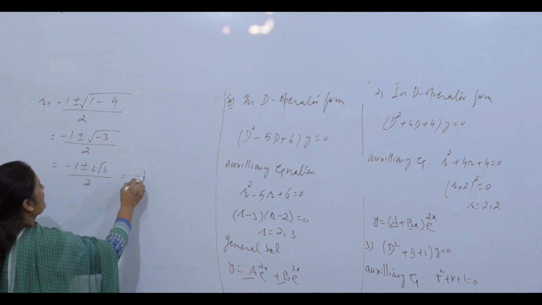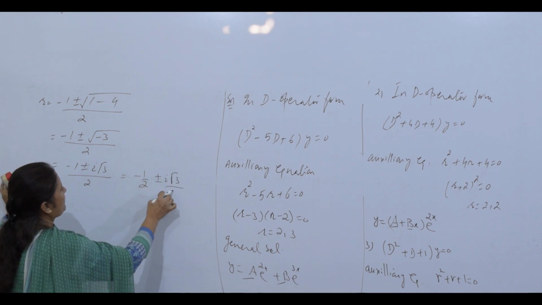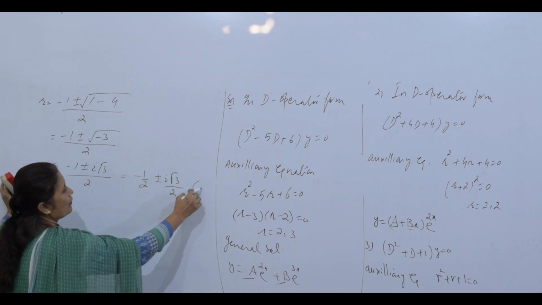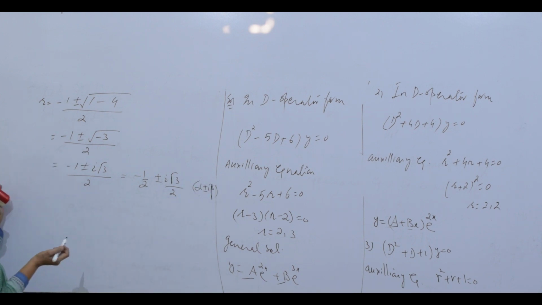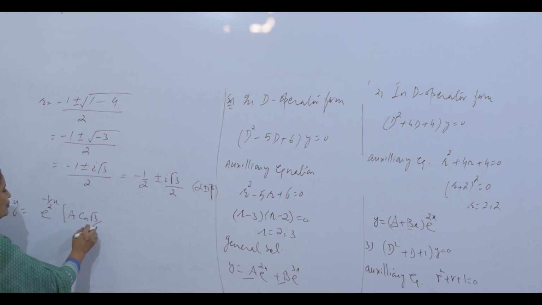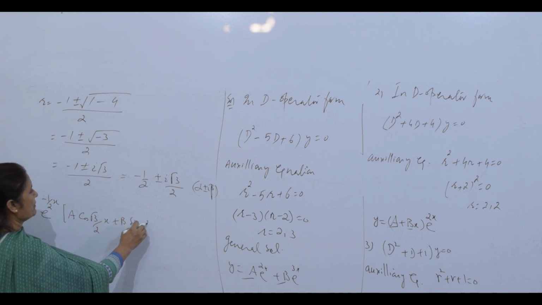So this can be written as minus half plus minus iota under root 3 by 2, which is of the form alpha plus minus iota beta. Look at that. So the solution will be e to the alpha x, where alpha is minus half, times A cos beta x, where beta is under root 3 by 2, plus B sin beta x.